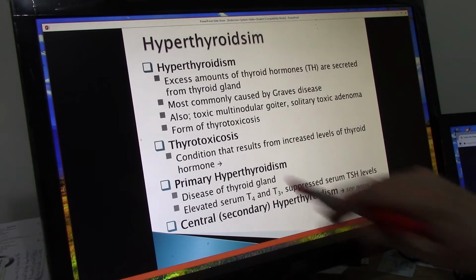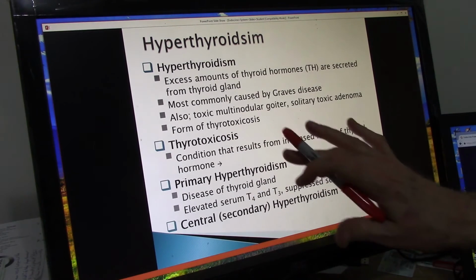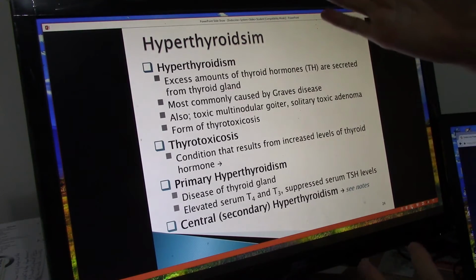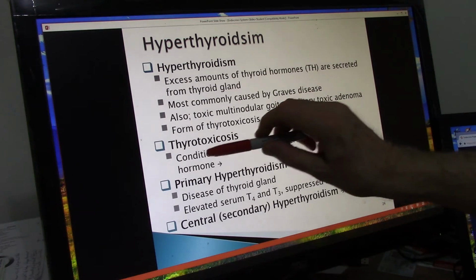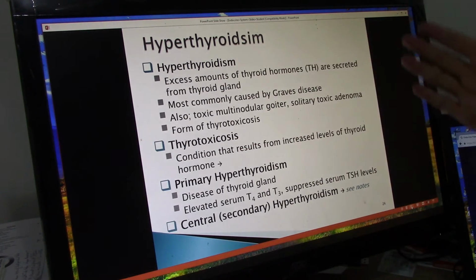Now, thyroid toxicosis. This is a catch-all term that refers to all of the symptoms you will see if a patient has hyperthyroid. And remember, I showed you in the book the picture of that lady that has one side of her that is hypothyroid and the other side is hyperthyroid. Well, the thyroid toxic signs and symptoms are going to be from the hyperthyroid side.